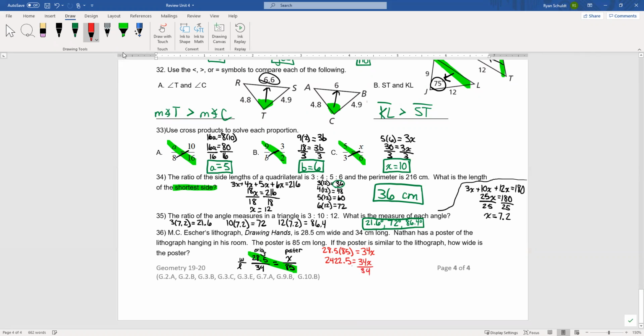Divide by 34. And we get 71.25 equals x. The x is how wide it is. So our poster is 71.25 centimeters wide.